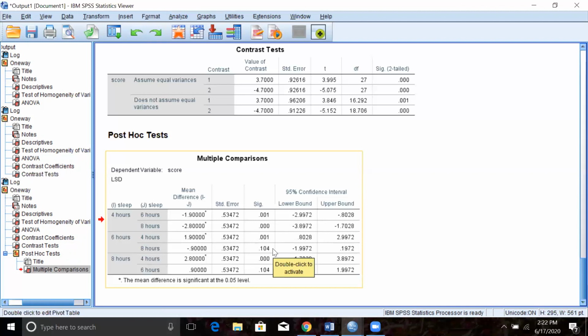This one, on the other hand, you can find that value here in comparing 6 to 8 and down here in 8 to 6. It's just the same. You don't need to reiterate your redundant analysis. That comparison is not significant at p = .104. So the quiz score is not significantly different between the 6 and 8 hour group.